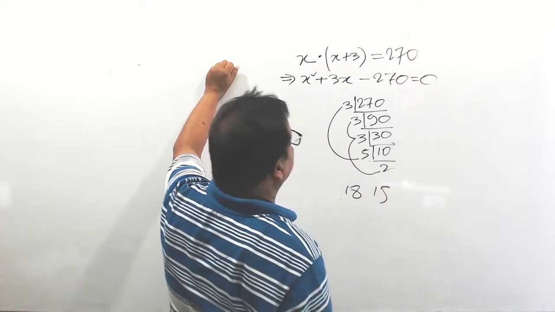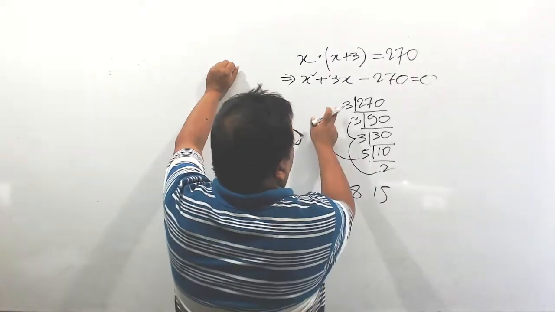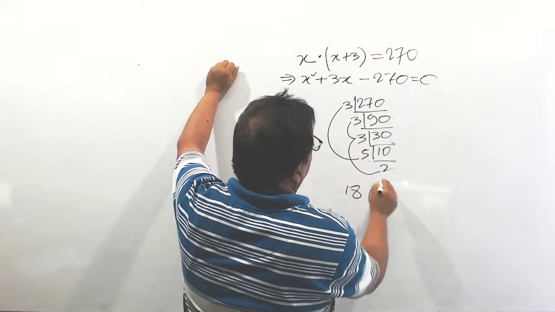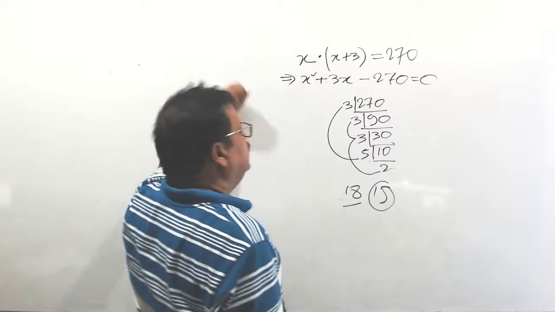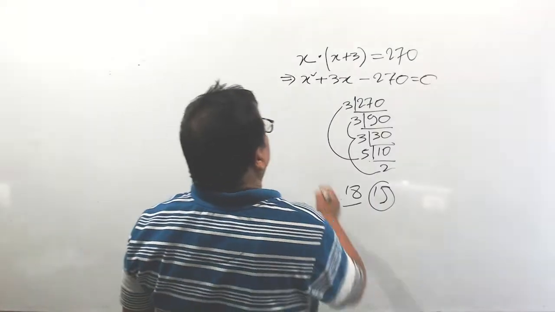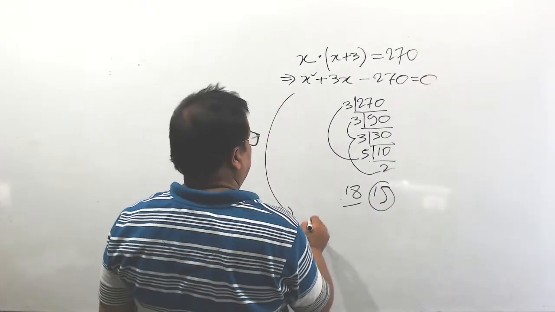Is it? 3 5s are 15, 3 3s are 9, 9 2s are 18. 18 and 15. Understood? So, what you will write?